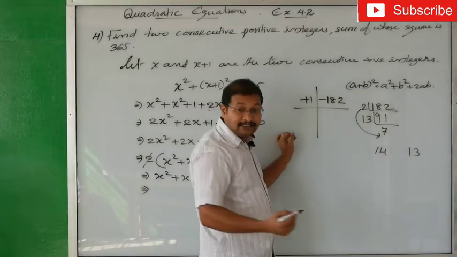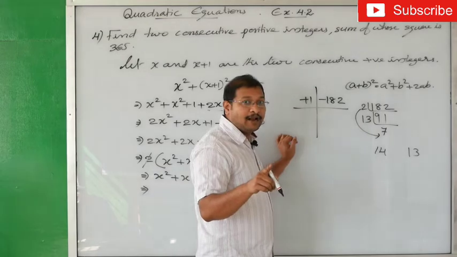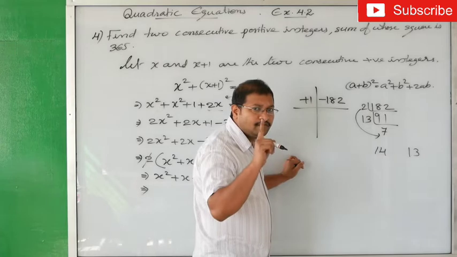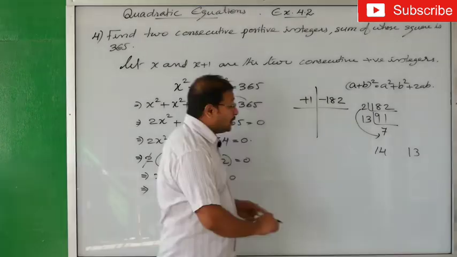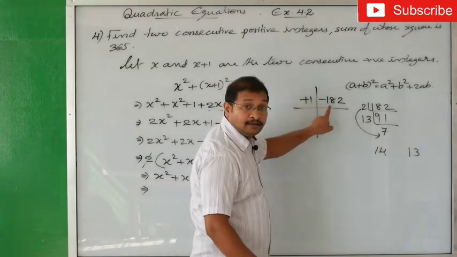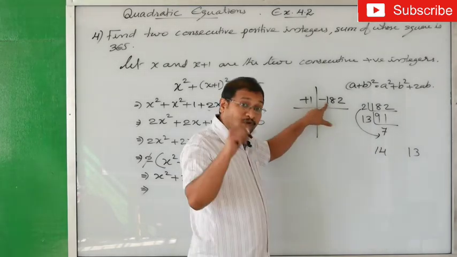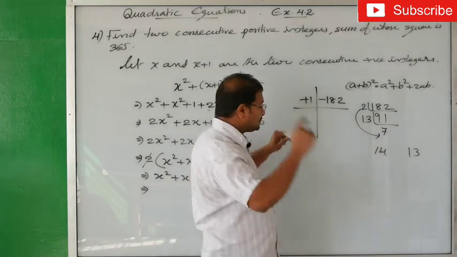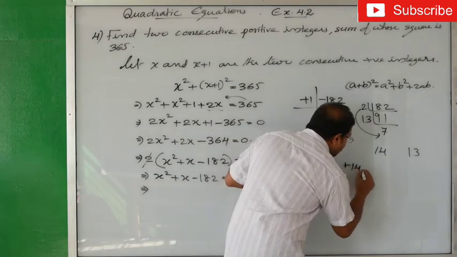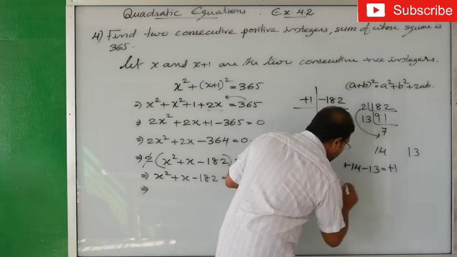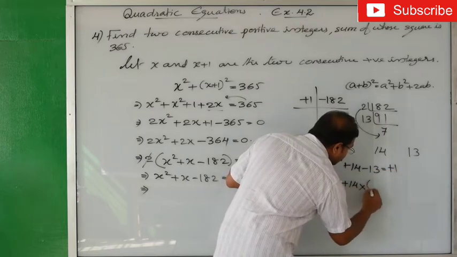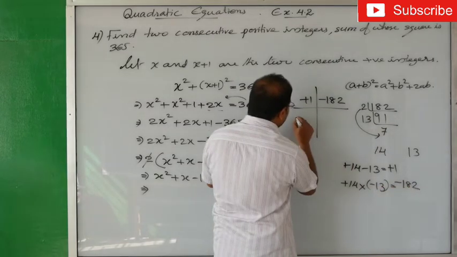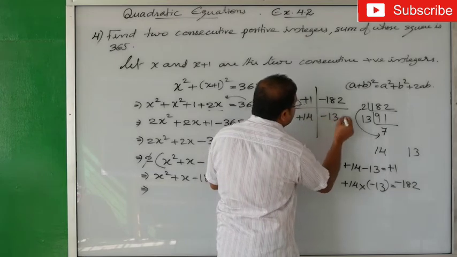See, the multiplication is minus and the addition is positive, which means one of the numbers is minus, and since the addition is plus, the bigger number is plus. That means plus 14 and minus 13, what do you get? Plus 1. Plus 14 into minus 13 gives minus 182. So the numbers are plus 14 and minus 13.